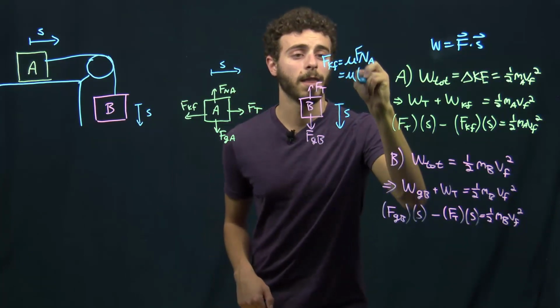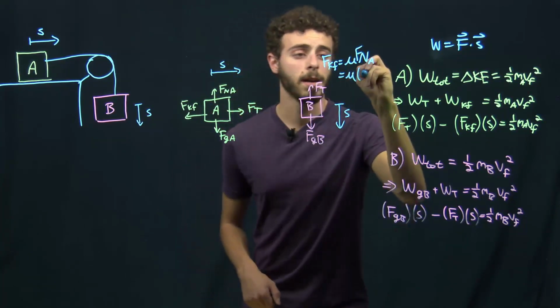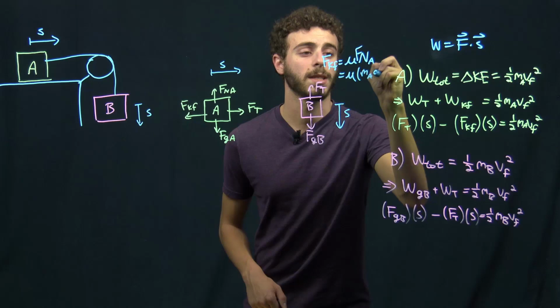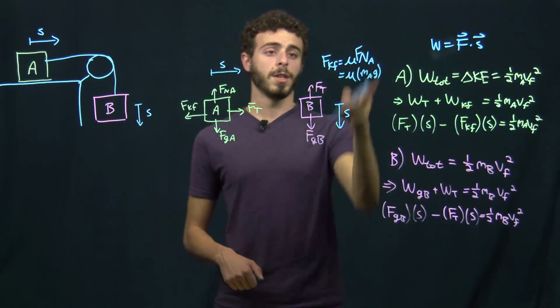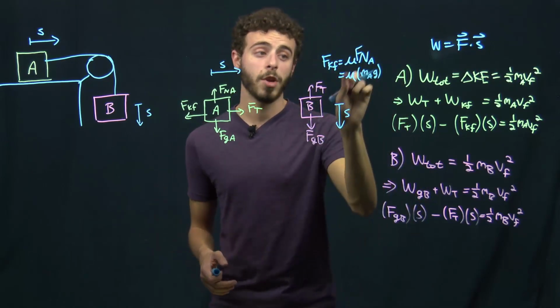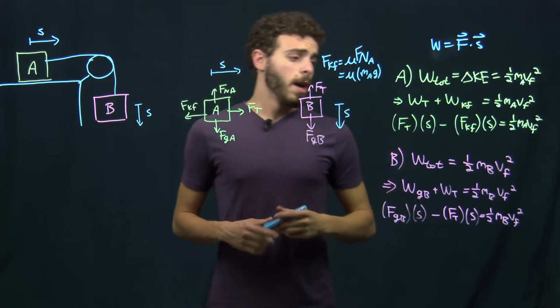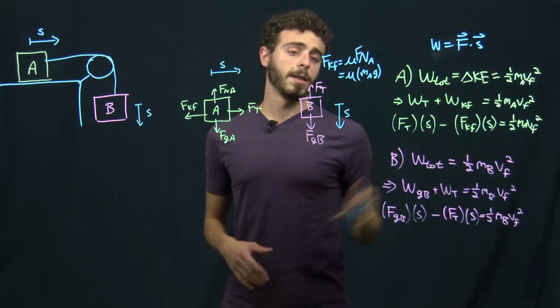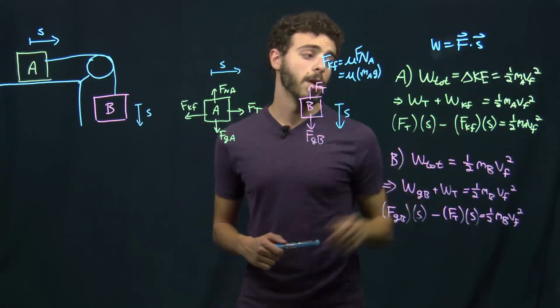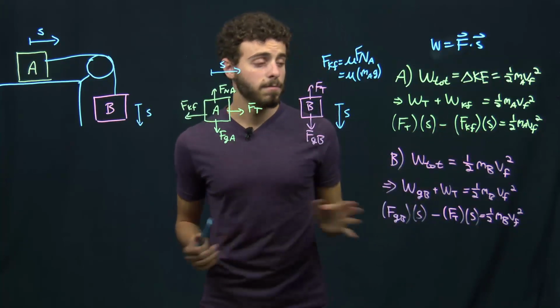So the force of kinetic friction on block A must just be mu times mass A times gravity. This is actually something that we do have. We have mu, we have the mass, we have the gravitational magnitude, and so we can plug this directly into the force of kinetic friction. So that's actually a known as well. And our s is, again, still known.